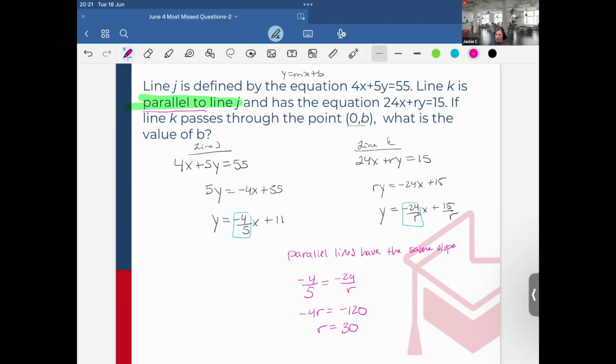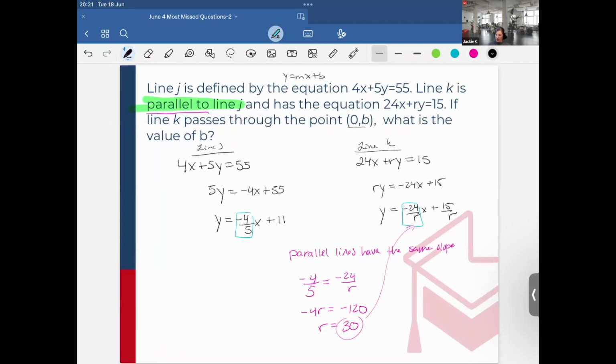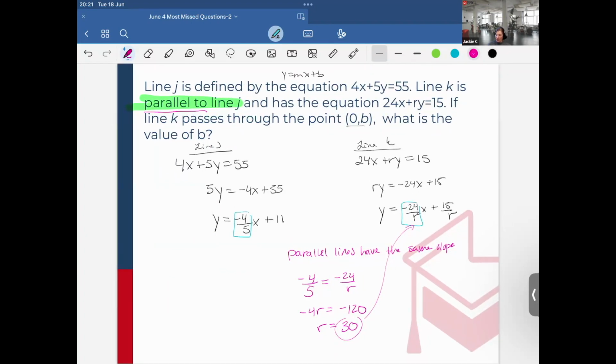Okay, so if r is equal to 30, let me go ahead and plug that in. I'm asked for what the value of b is, but just to show all the steps, this would be the slope, -24/30 x plus 15 over 30.